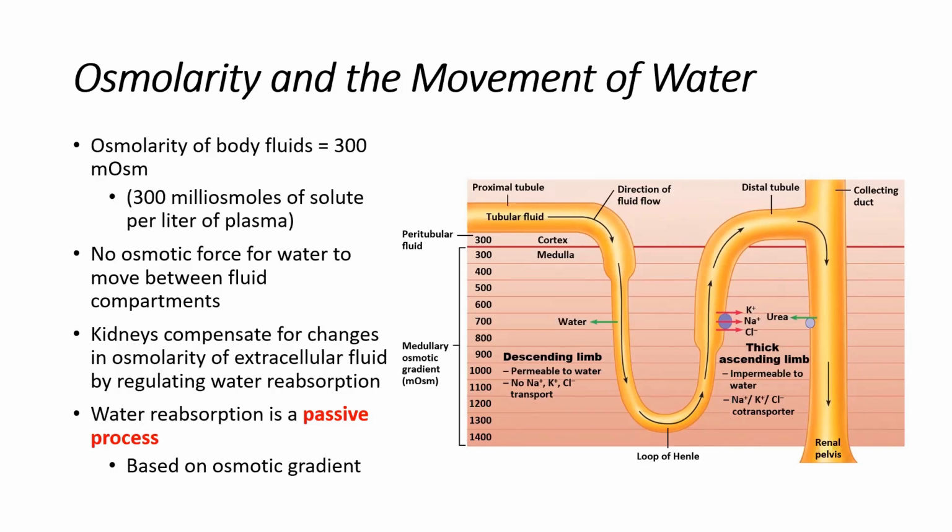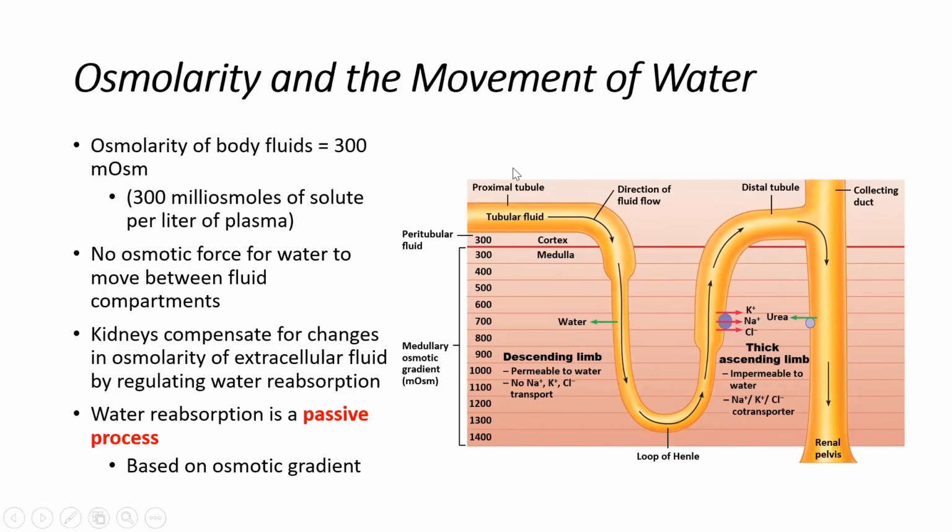If my plasma ends up being too watery, so having more water and less solutes, the kidneys are going to reabsorb less water, again, in order to maintain that homeostasis, to keep my plasma osmolarity at 300. Okay, and so water is moving passively based upon an osmotic gradient, but kind of contradictory to that, we don't really have a gradient to start with. So the first thing we're going to have to do is establish a gradient, right? And that's kind of the next thing we're going to describe here.